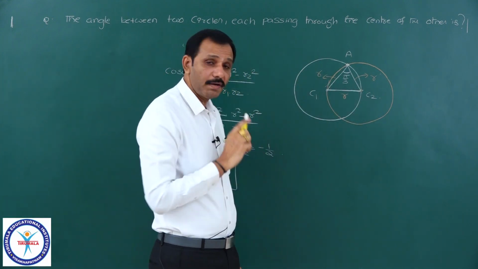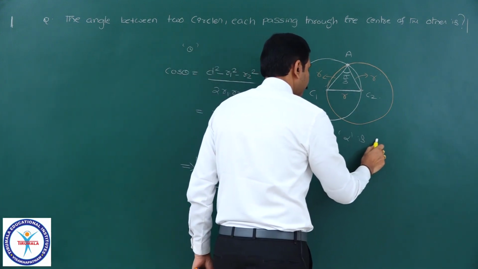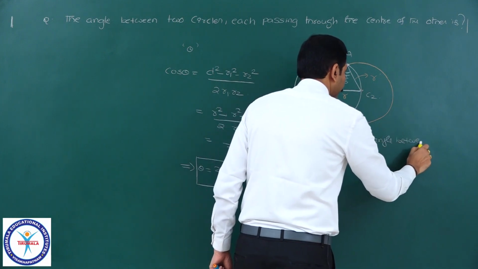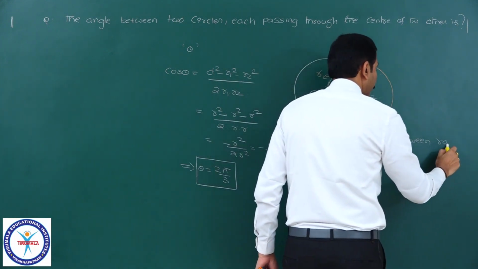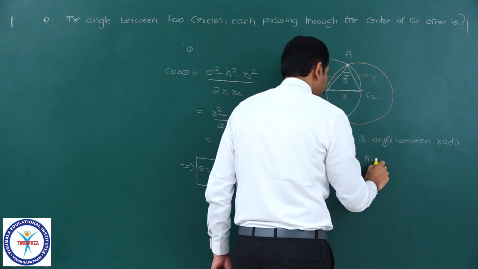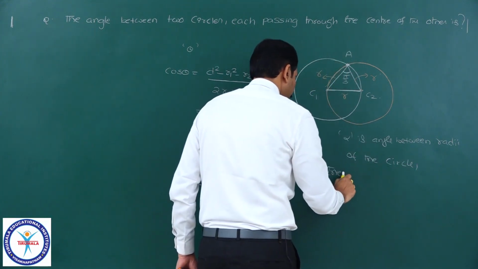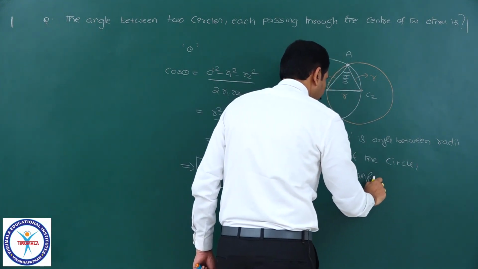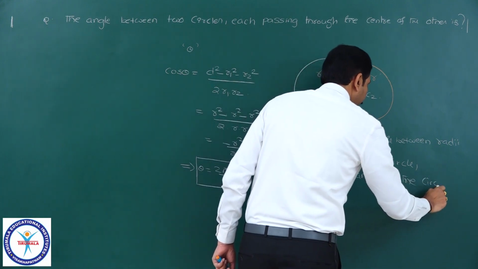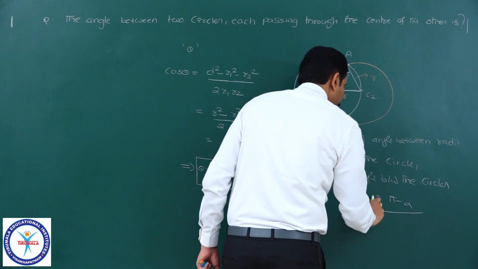And we discussed in detail that if alpha is the angle between the radii of the circles, then the angle between the circles is equal to pi minus alpha.